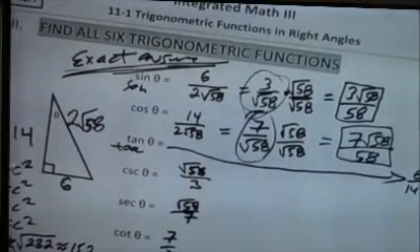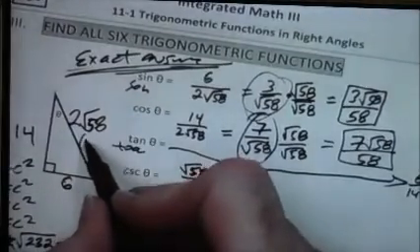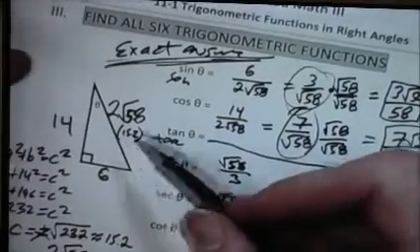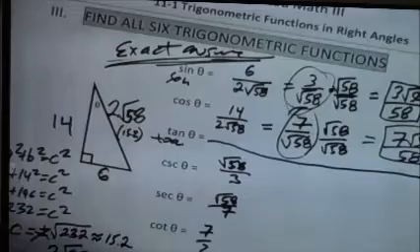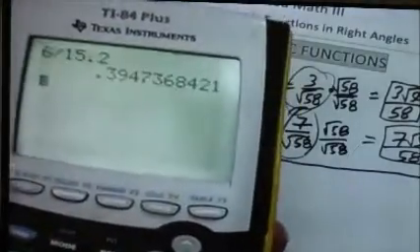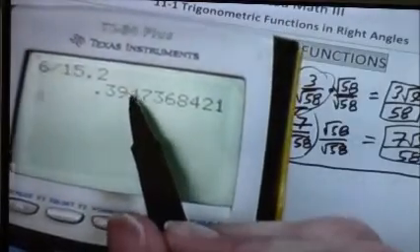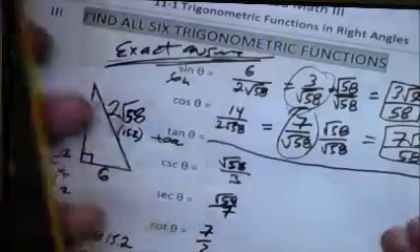Now, if I was doing this one with 15.2, I would have done 6 divided by 15.2 up here. 6 divided by 15.2, and I get 0.3947, that's so close to 0.4 that I'd call that 0.4.